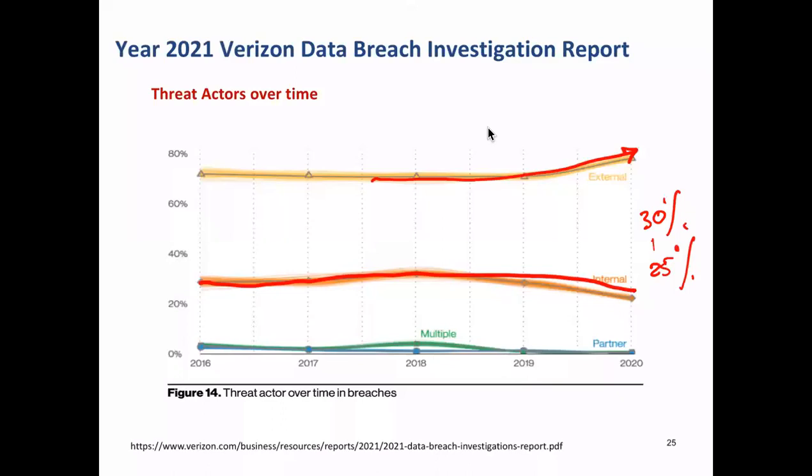Okay. Here, look at the word partner or something. Anyway, internal here means the actor who is involved in cybercrime is a person internal to the organization. A person who is internal to the organization already has a lot of access to information.